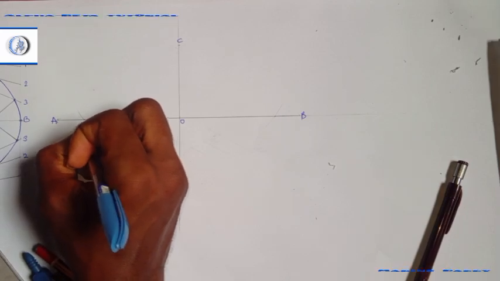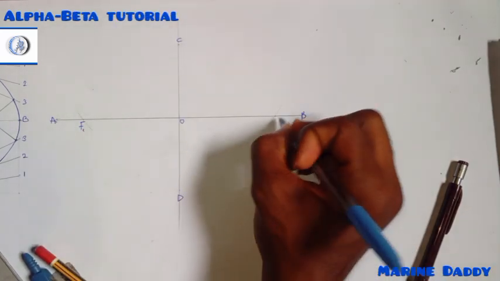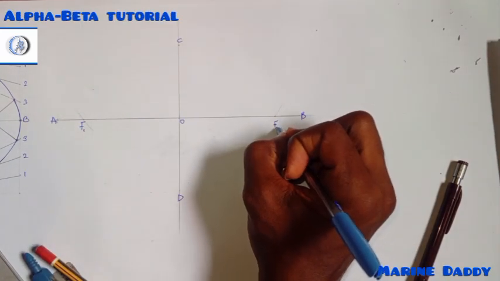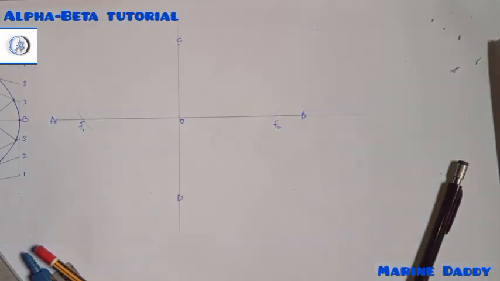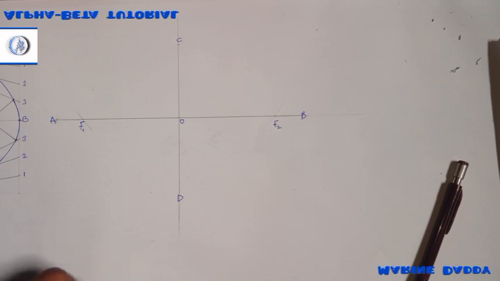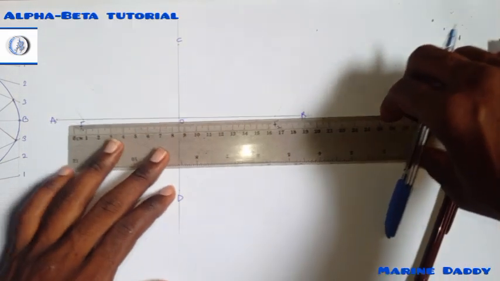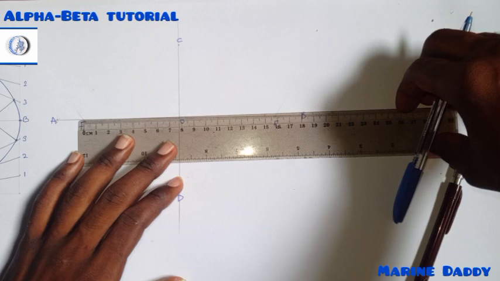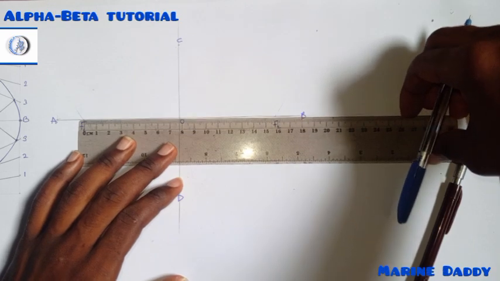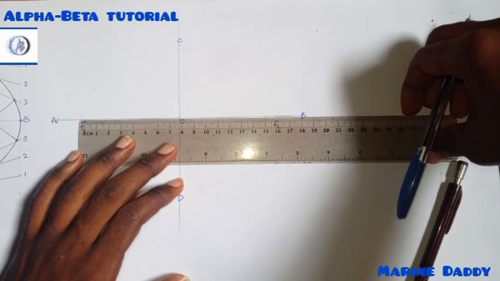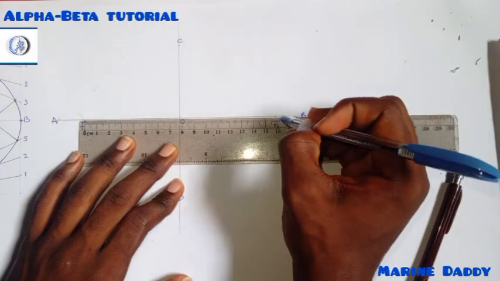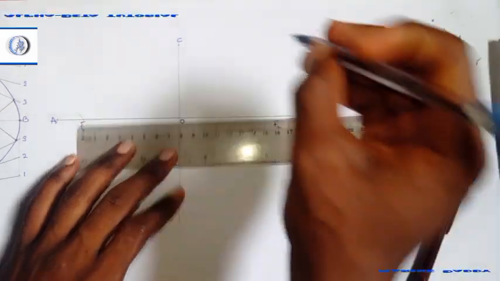Let's say F1 and F2. So sometimes in your exam they will ask you what is the distance between F1 and F2. You can get the distance using focal point method. Just use your ruler to measure it. So the distance between my F1 and F2 is 15.8.